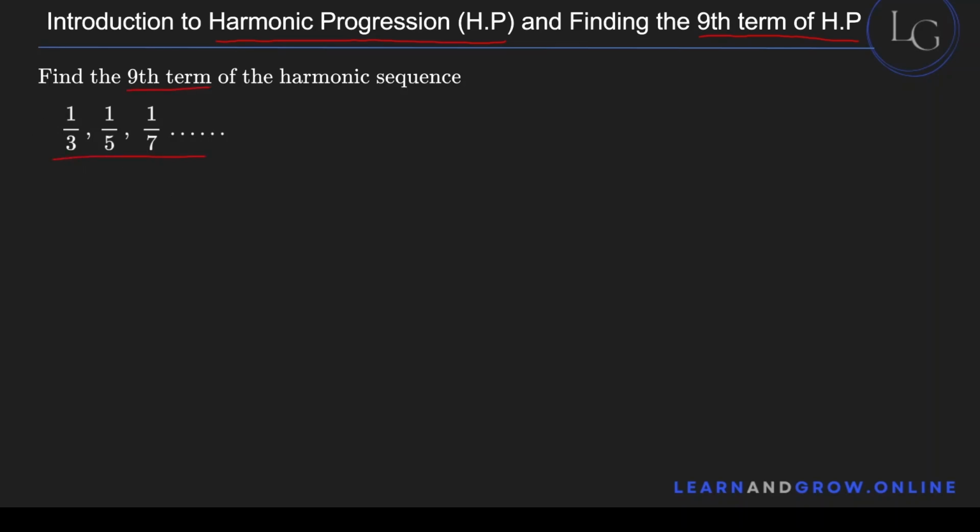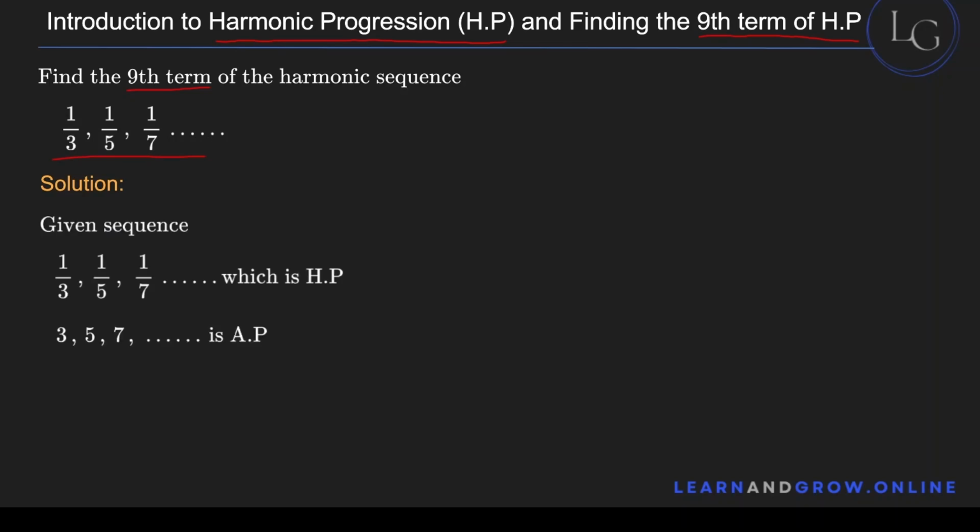Well, the very first step that you must do is convert this harmonic progression into an arithmetic progression, and you'll do that simply by taking the reciprocal of the harmonic progression, because harmonic progression and arithmetic progression are reciprocals of each other. So 1 by 3 becomes 3, 1 by 5 becomes 5, 1 by 7 becomes 7, 1 by x becomes x, and just like that.